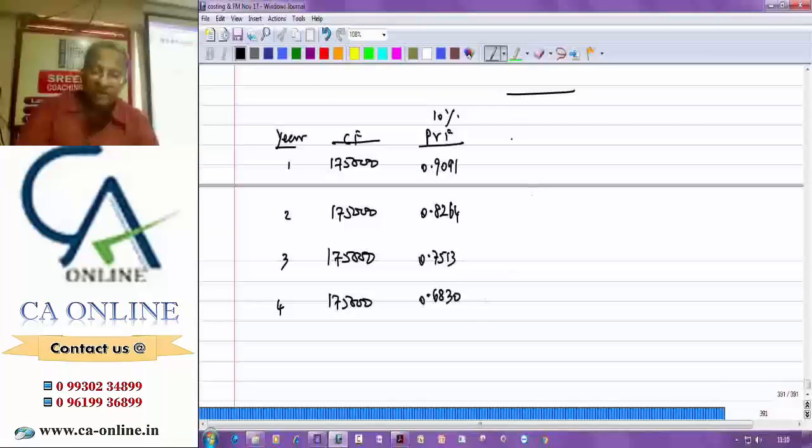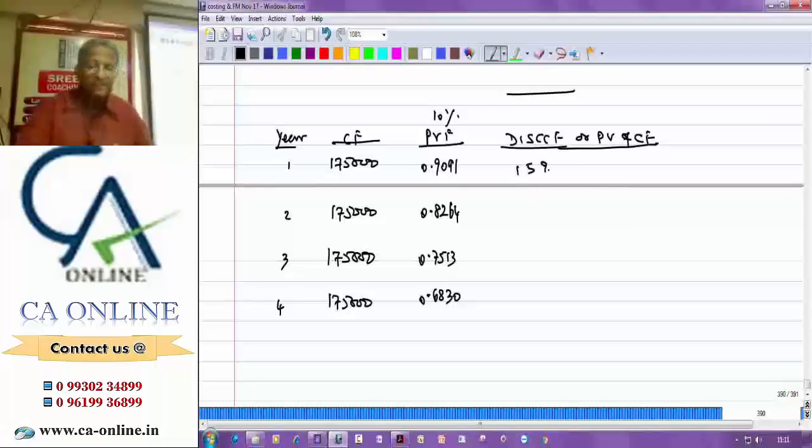Then, what is this? Discounted cash flow, or present value of cash flow. You can just call it that way. What should we do then? All of you take the calculator. 1,75,000 into 0.9091. How much is it coming to? 144,620. 0.7513 into 1,75,000: 131,478. 0.683 into 1,75,000.